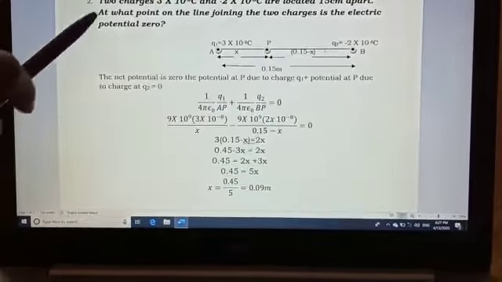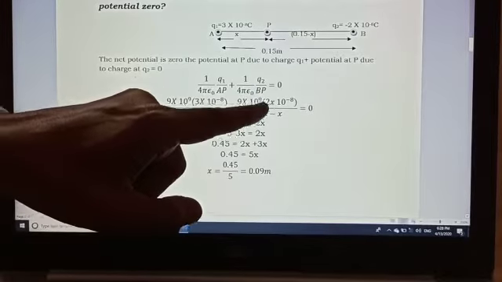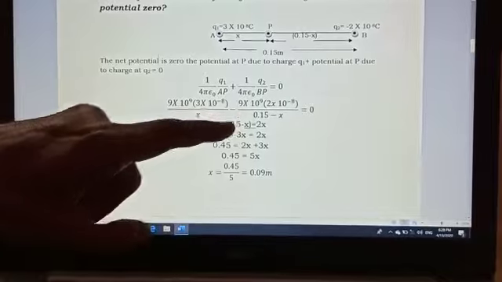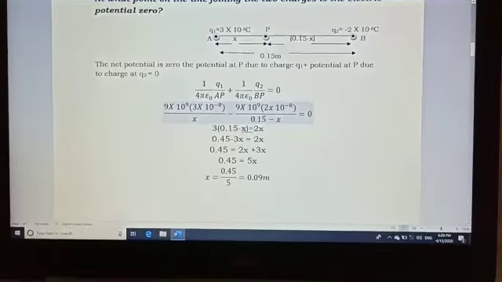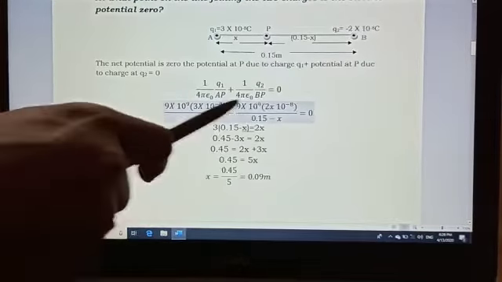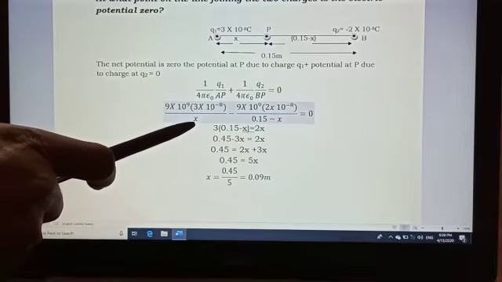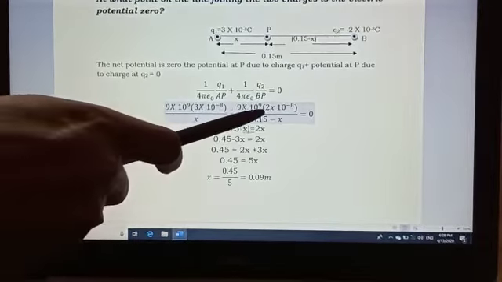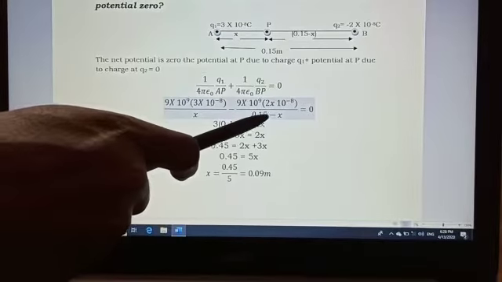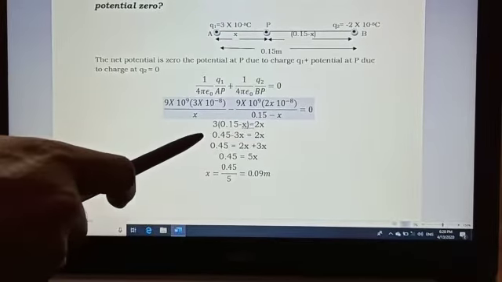So 1 over 4 pi epsilon naught is 9 into 10 to the power of 9, as you already know. Then 2 into 10 to the power of minus 8 for the other charge. In between there is a minus sign. Now simplify: the 9 into 10 to the power of 9 goes to the other side. So what is left is 3 divided by x minus 2 divided by 0.15 minus x equals 0.